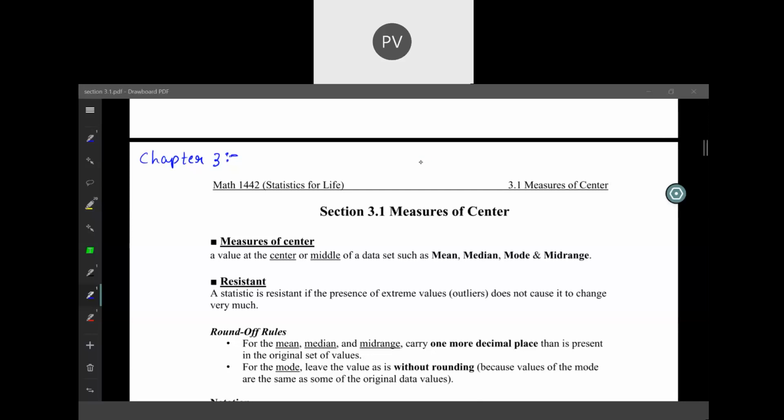Now, in chapter 3, we will be learning about measures of center, section 3.1, measures of center. Now, what is this? Remember, we did study about this in chapter 2, right? CVDOT.